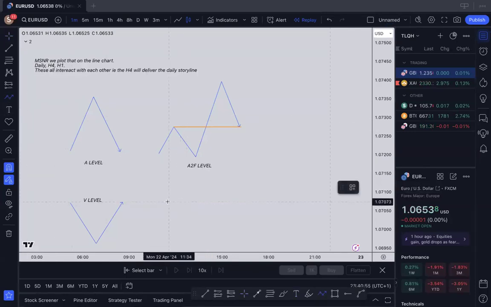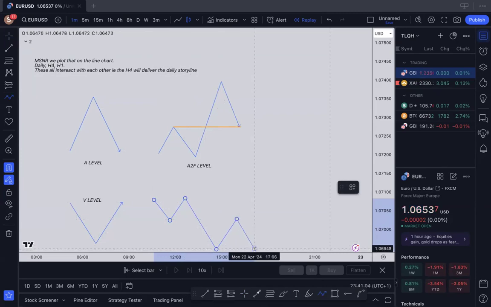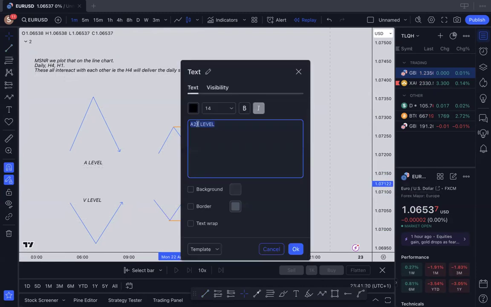And then on the flip side, pardon the joke, we have the V to flip level. Same thing goes here. We are coming through, we have a normal V level, we close through it on the time frame. So in this example, due to the line color, it would be the H1, and this here is the V to flip level.